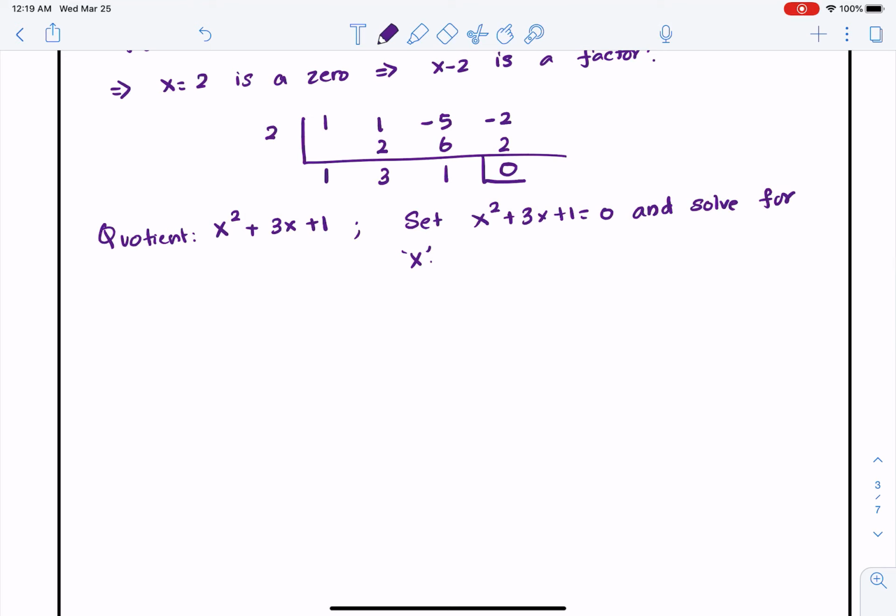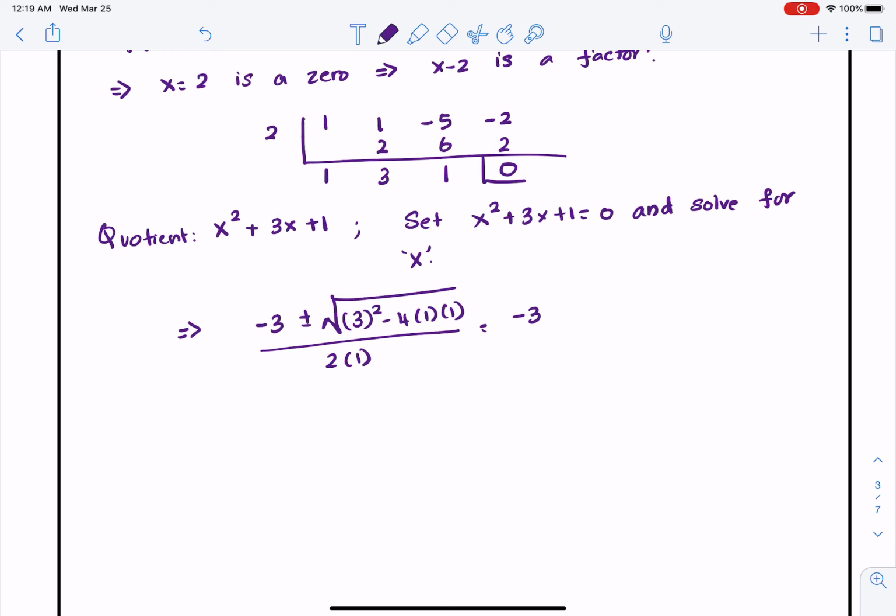Could we factor x squared plus 3x plus 1? It doesn't look like it. So let's use the quadratic formula. Minus b plus or minus the square root of b squared minus 4 times a times c, divided by 2a.